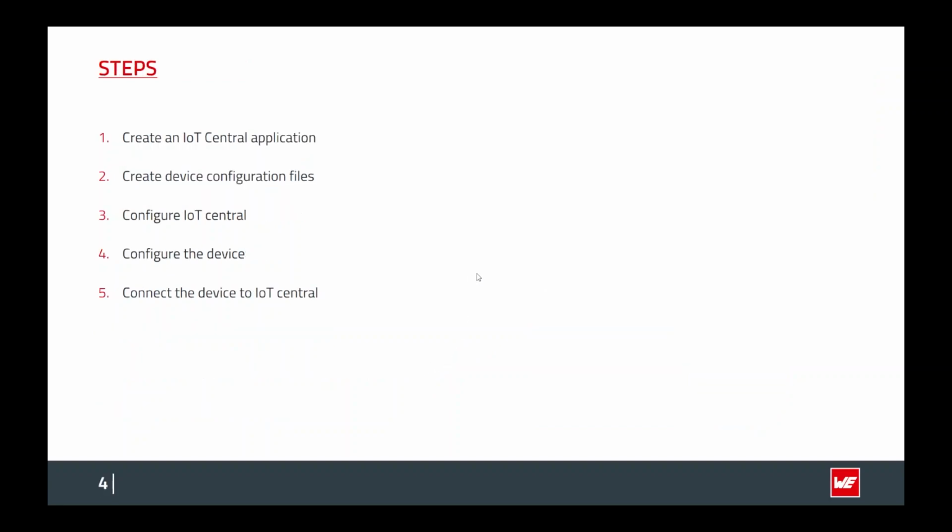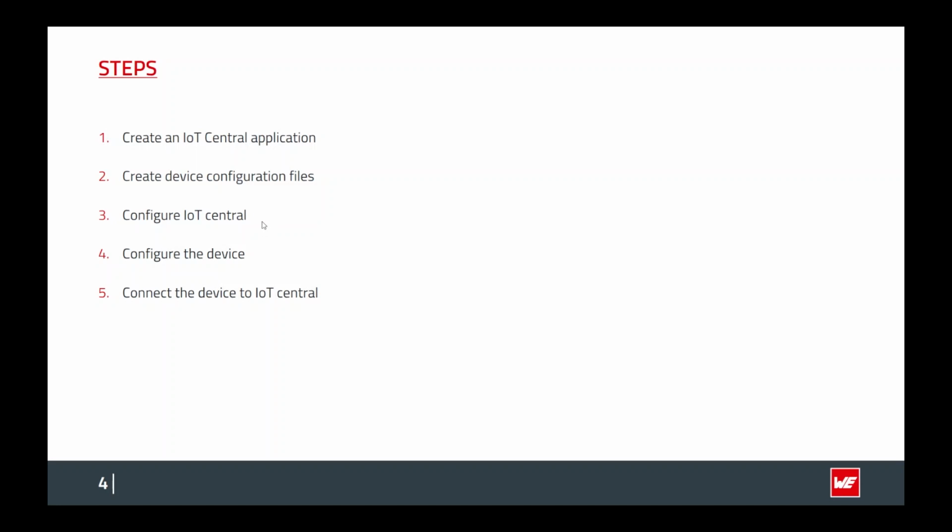Let's get started. We can connect the Calypso IoT Design Kit onto the cloud platform using 5 simple steps. First of all, we're going to create the IoT Central application on Microsoft Azure. Then, we are going to create all the files that are necessary to configure the device to connect to the right platform.